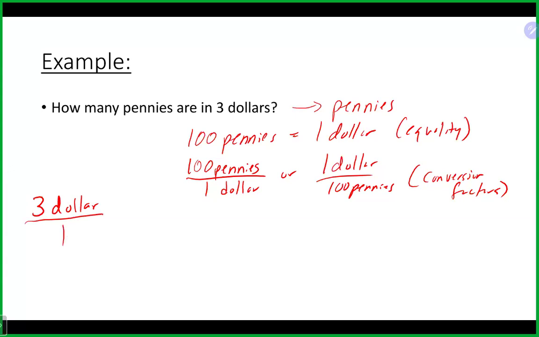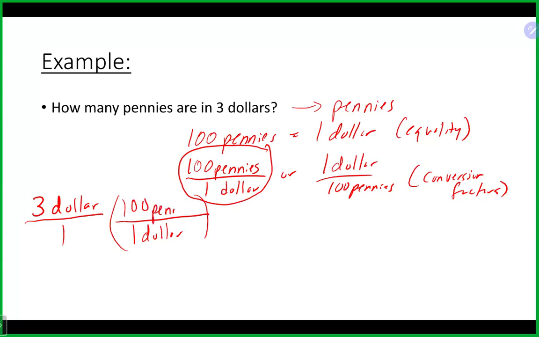Now you've got your top and bottom, which you just roll to opposites, right? We want to get rid of dollars, which is on top. So when we go to our conversion factor, we want to find dollars in the opposite location, on the bottom, and 100 pennies up on top. Now we pretty much have everything we need.